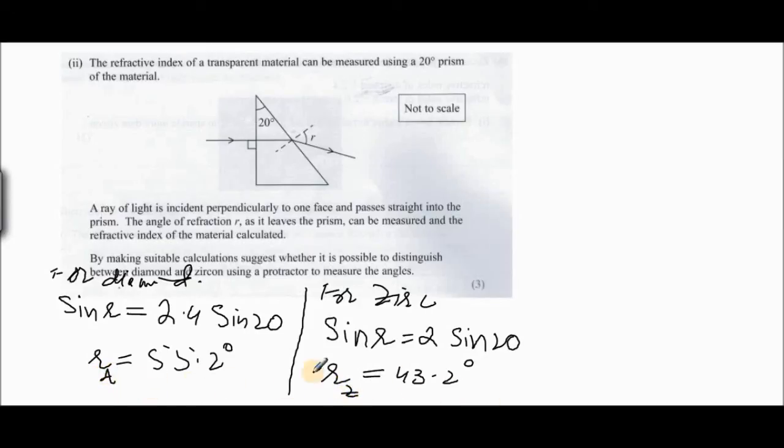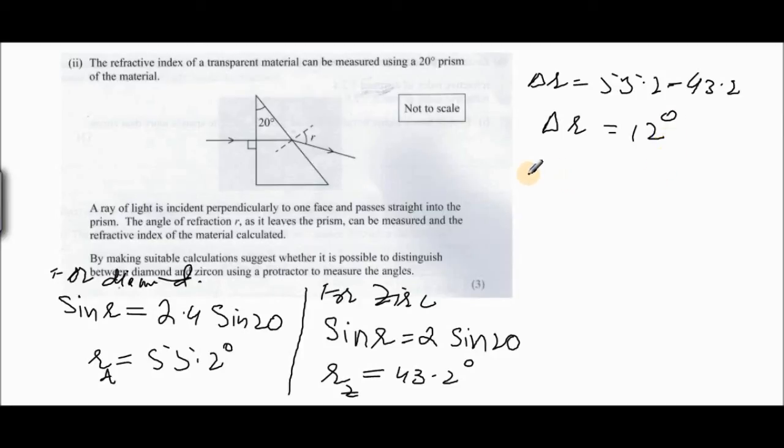If you find the difference, delta R is 55.2 minus 43.2, so the difference between their refracted angles is 12 degrees.